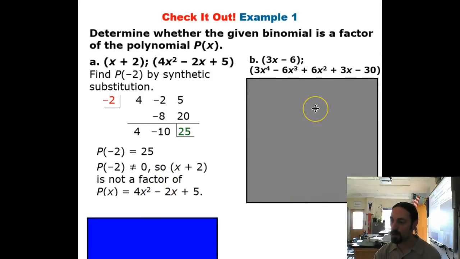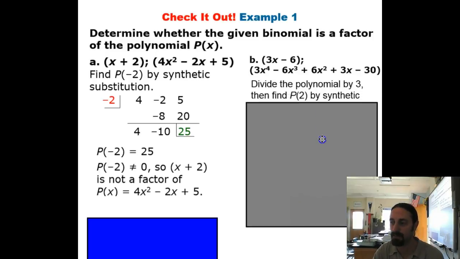Now, tables 2 and 4, you were given a similar problem, but there was a little catch. See, the book doesn't tell you these little catches. They just say, you'll figure it out. You've done this before. Well, wait a minute. 3x minus 6 and this whole polynomial, they all have a 3 in common. So I'm sure the first thing you did was, let's just divide everything by 3, right? So you did that.